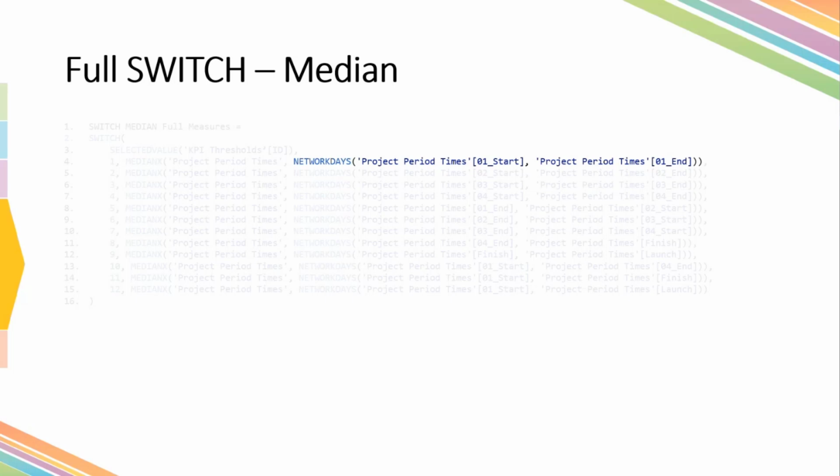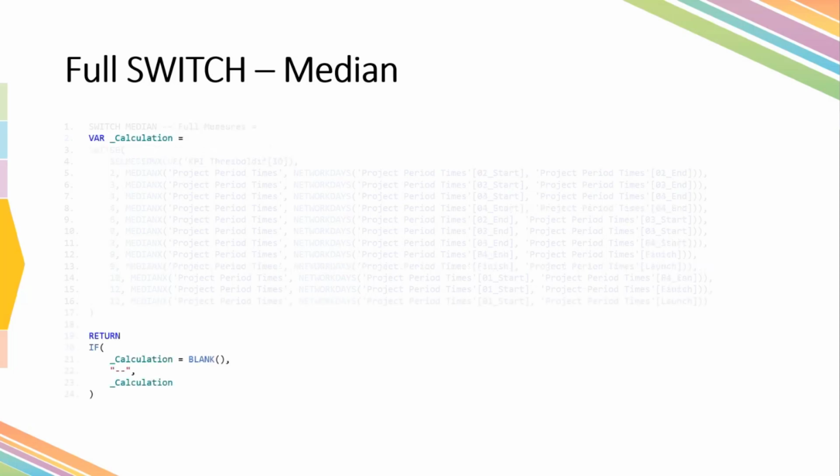Depending on which ID is chosen, it switches that up to the remaining median x function, which is left. Now you can also implement this as a variable in an if statement, where, for example, if the calculation leads to a blank, I don't just want to have it as blank.